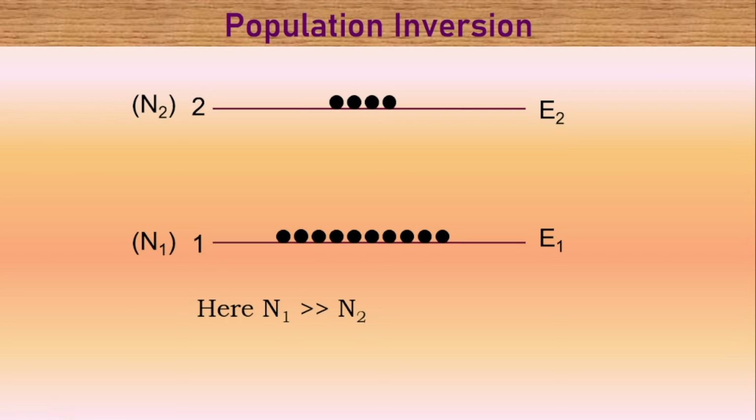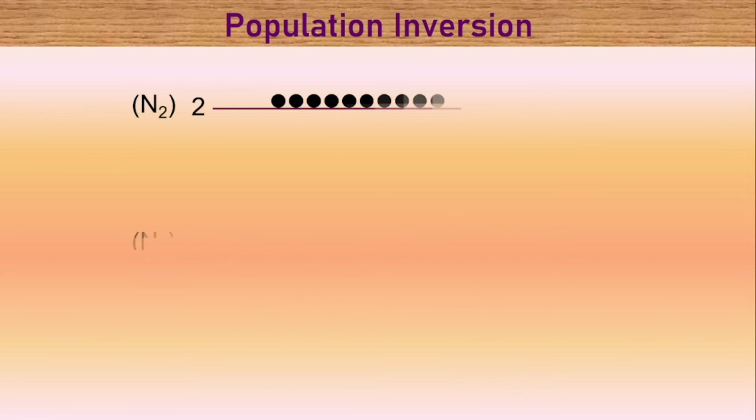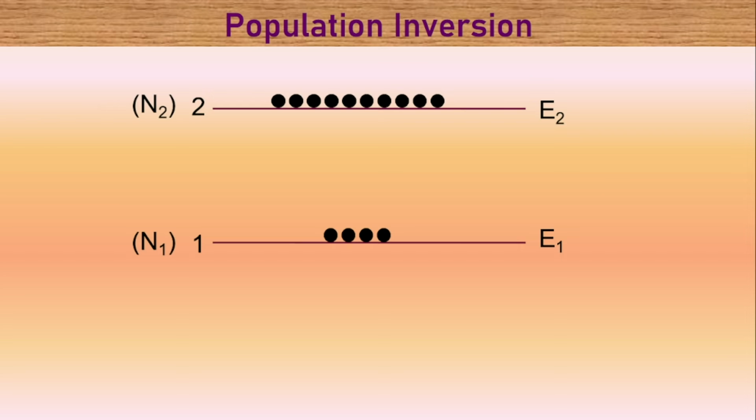If, by using any process, we change the number of atoms between the higher energy state and the lower energy state, so that a large number of atoms are in the higher energy state and a small number are in the ground state, then this condition is called population inversion.